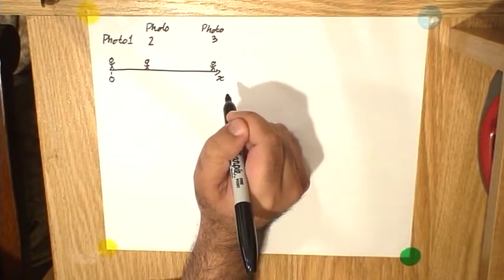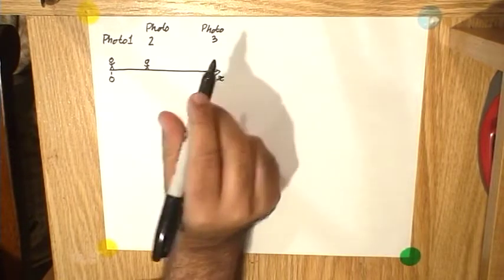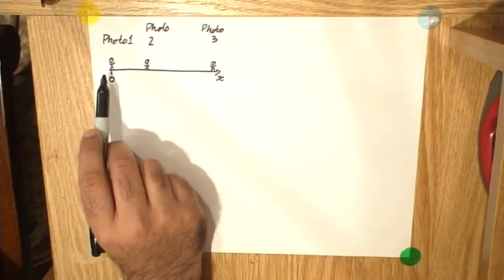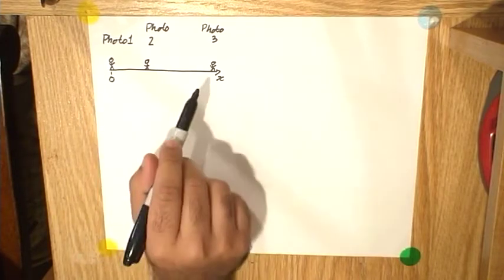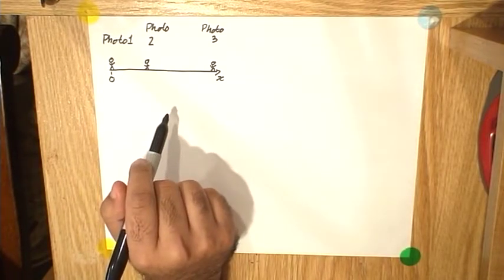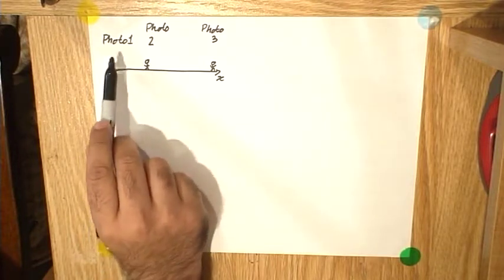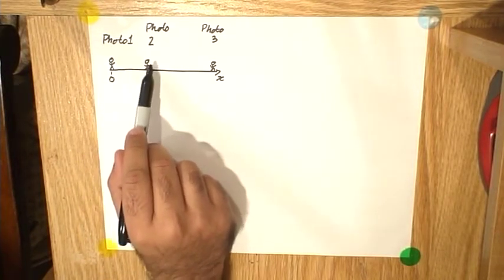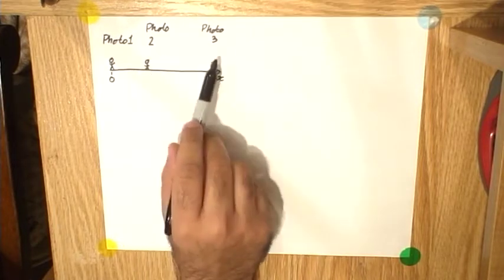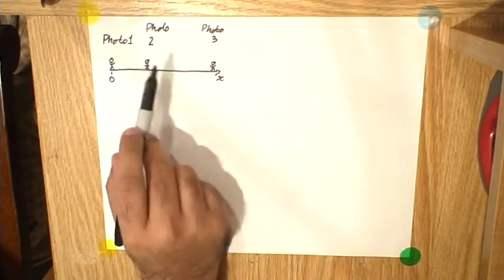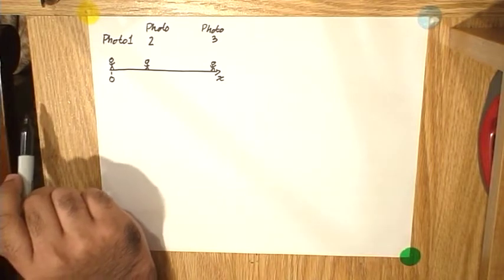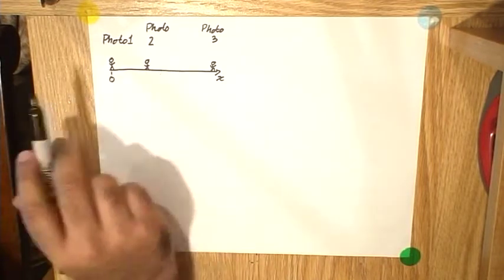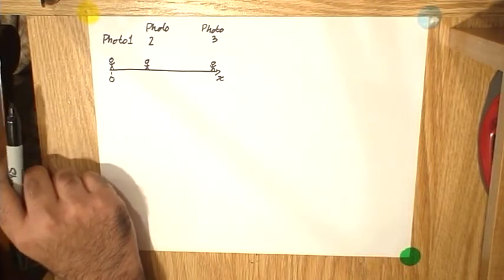Now, let's write down all of the information that we know. Let's realize that we have now broken this motion into 2 distinct phases, and we need to. Why? Because he was accelerating between photo 1 and photo 2, but he was not accelerating between photo 2 and photo 3. He maintained the same velocity between photo 2 and photo 3. And that means that these are now 2 different regimes with 2 different accelerations.